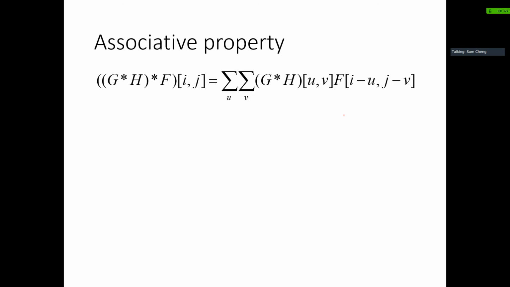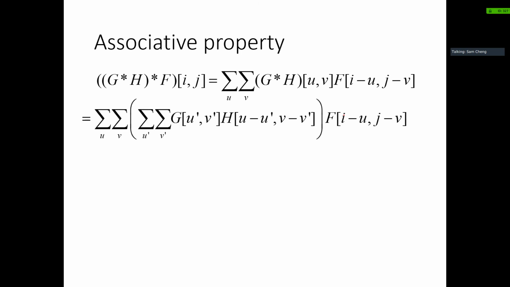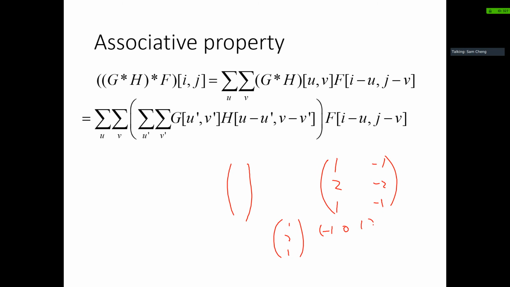Also, we have the so-called associative property. If you have, for example, G and H as two filters, like in our earlier example with the filter 1, 2, 1, minus 1, minus 2, minus 1, we can think of it as decomposed into 1, 2, 1 and minus 1, 0, 1.